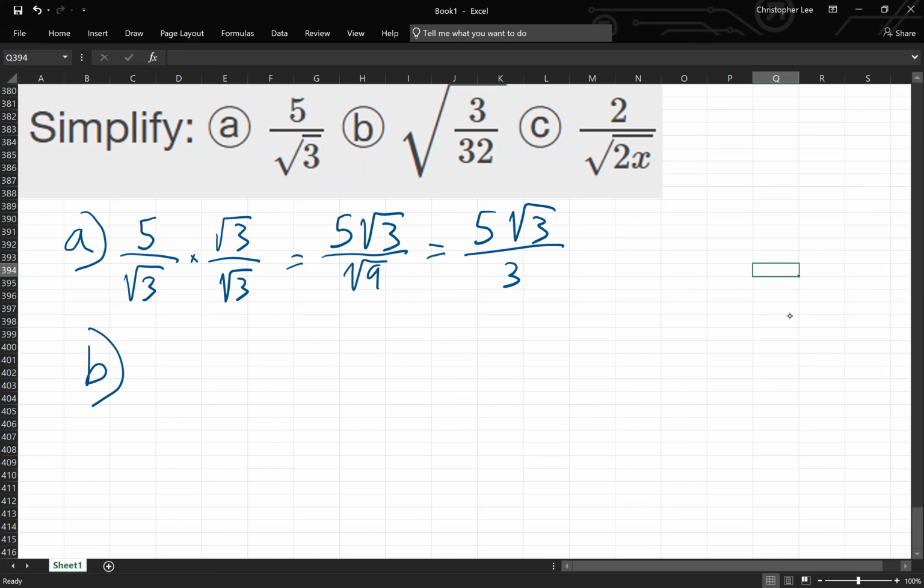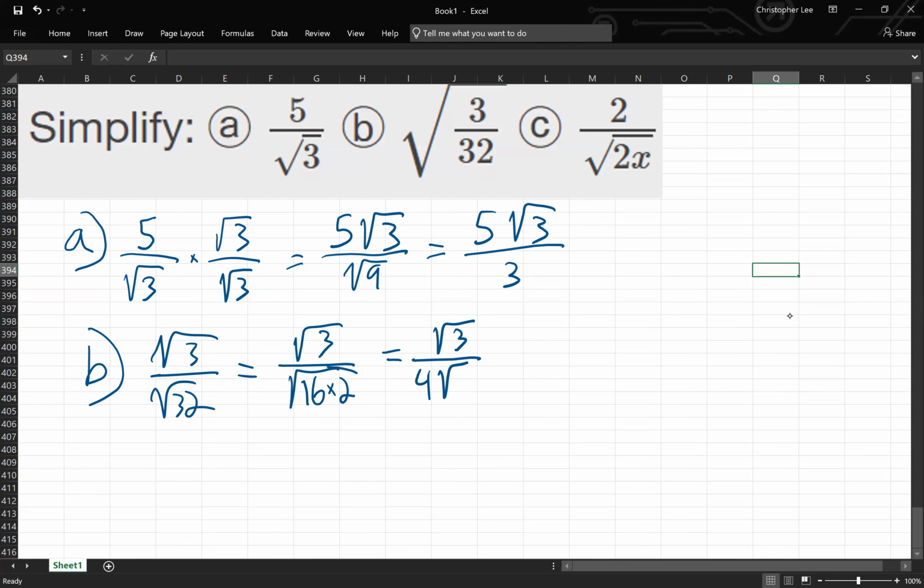For B, I'm going to do the square root 3 over the square root 32. Let's simplify that. This is going to become square root 3 over square root 16 times 2. And we all know the square root of 16 is just 4.